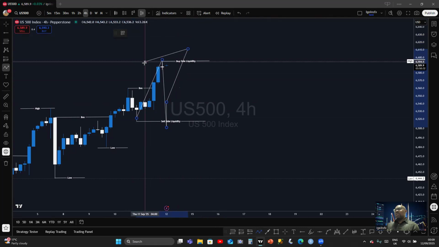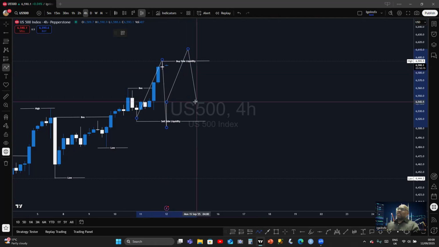Once price is coming up, the target is for price to clear all those orders that are here, all those liquidity, because they are liquidity. Liquidity is not a bad thing. It's what makes the market move.